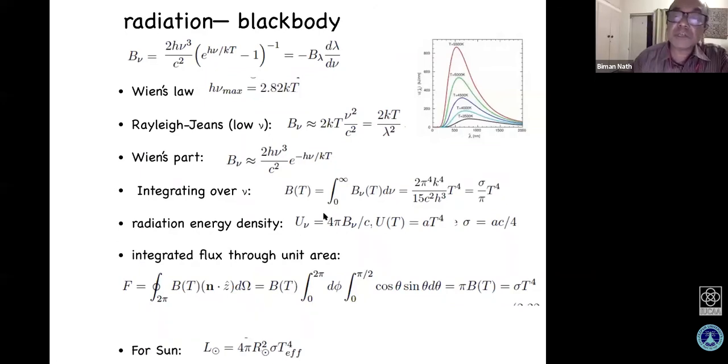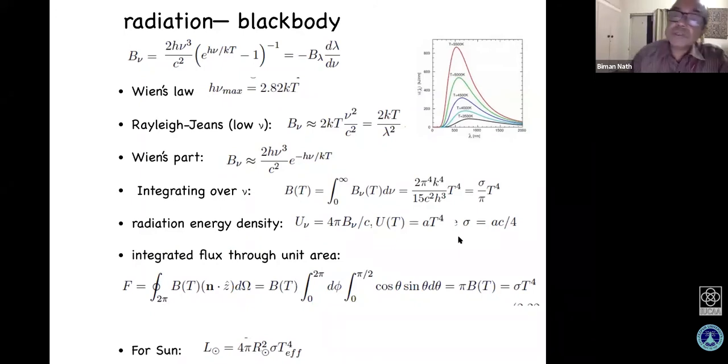So we can define radiation energy density. That will be 4 pi over c times B nu. And so the radiation energy density can be written with another constant, which is called Stefan's constant, A, times T to the power 4, where A is related to the Stefan-Boltzmann constant, right?